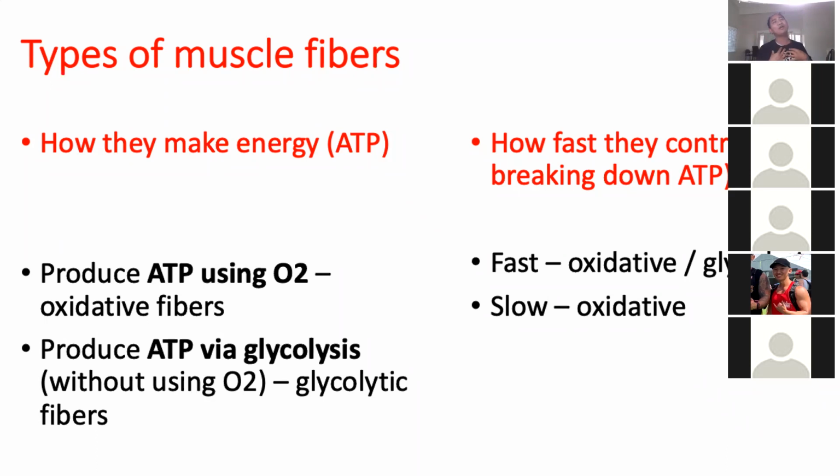Because as long as we are breathing and our heart is beating, we will get oxygen, and that oxygen will be delivered to the whole body. So that is the example of slow oxidative fibers, which use a lot of oxygen.